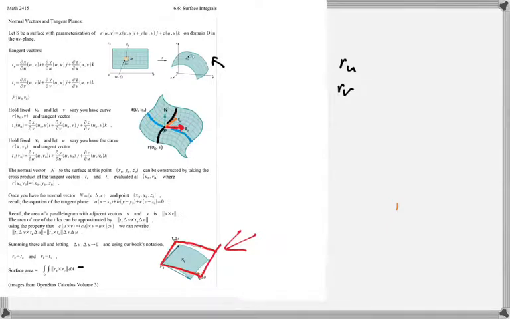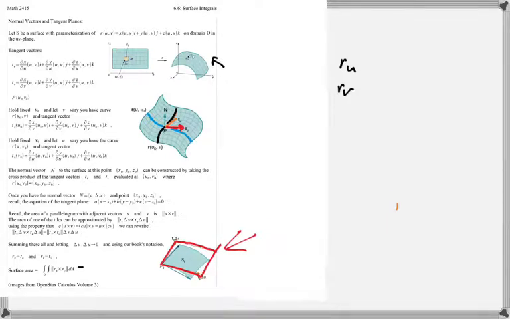The sides of this parallelogram have lengths T sub v delta v and T sub u delta u. So the area of that parallelogram, which approximates one of the tiles, is the magnitude of T sub v delta v cross T sub u delta u.